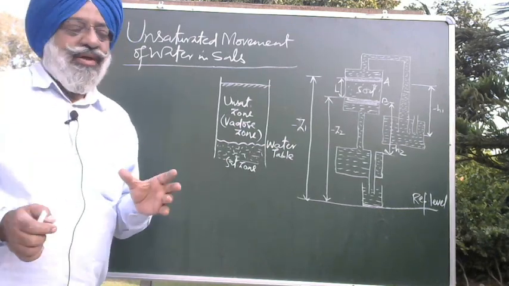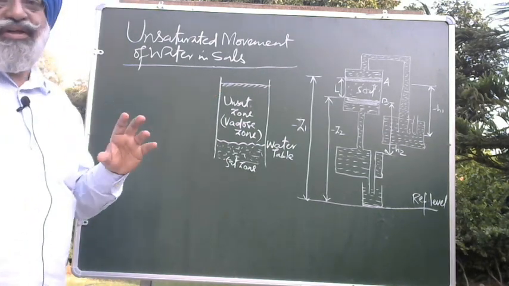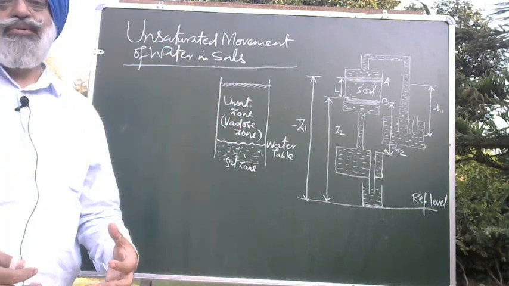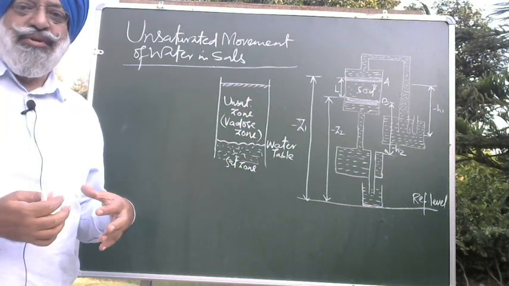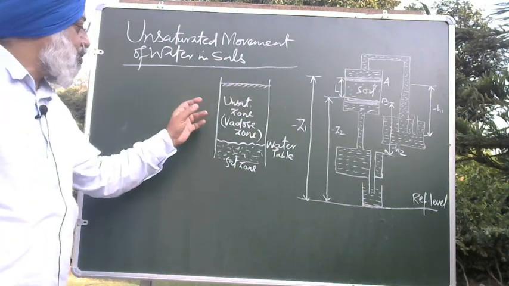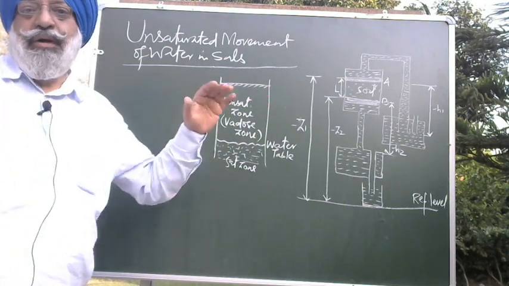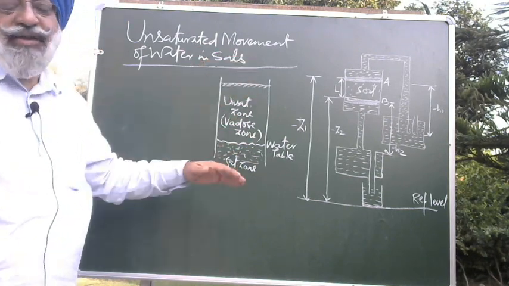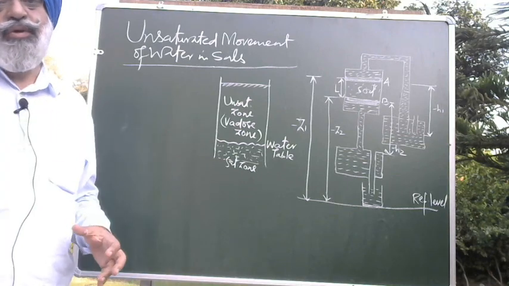Whatever water comes into the soil, infiltrates into the soil through rainfall, is stored in this Vadose zone. Or even the water table may go high depending upon the recharge of groundwater source.